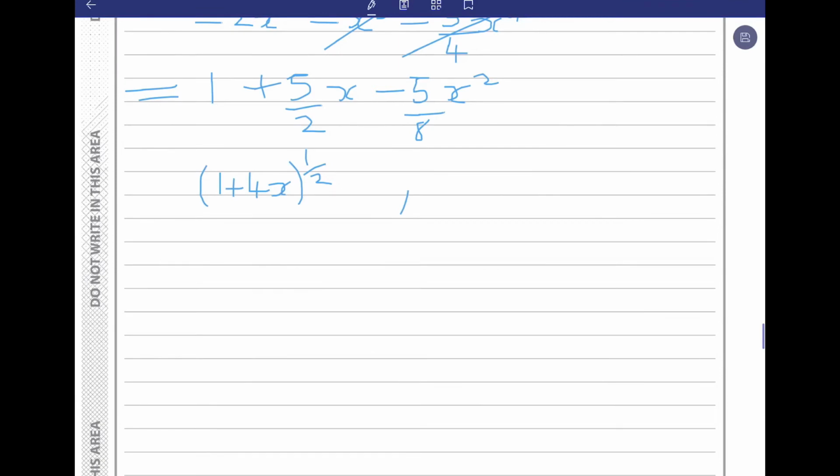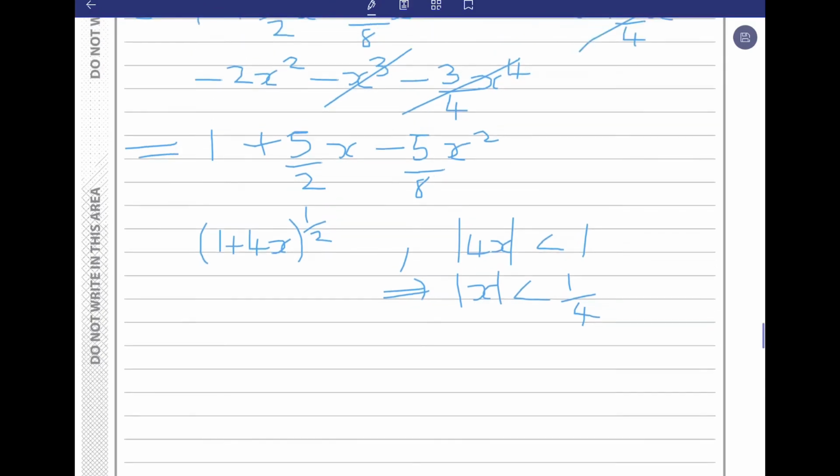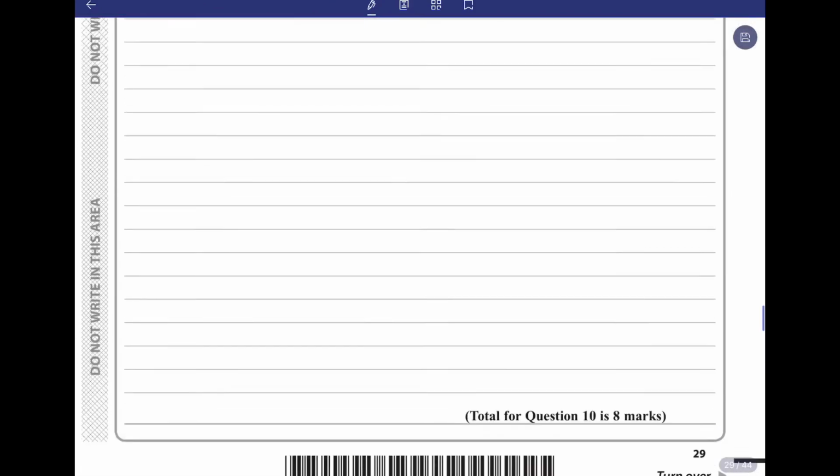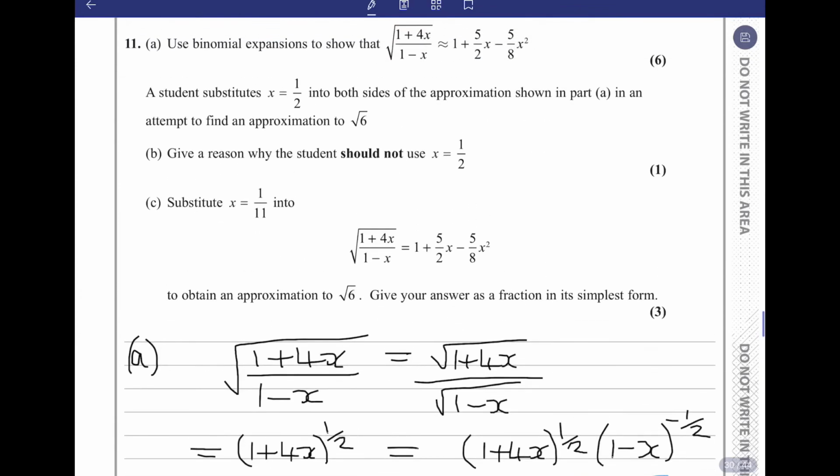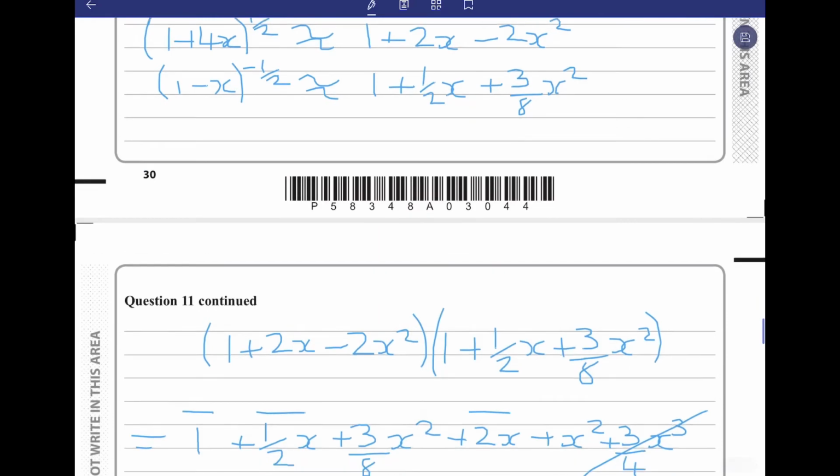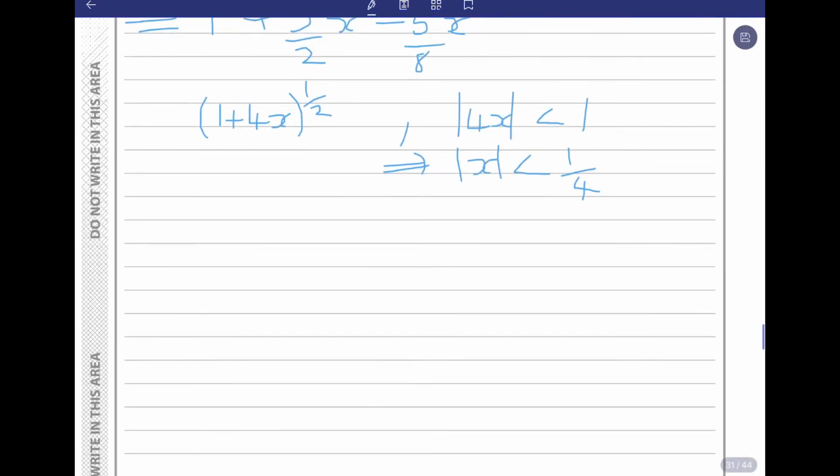Now this is valid for when 4x is less than 1, and so x is less than a quarter. And therefore, a student uses a half, so yeah, the student should not use x equals a half because obviously a half is bigger than a quarter. So let's just write that down. Shouldn't use x.